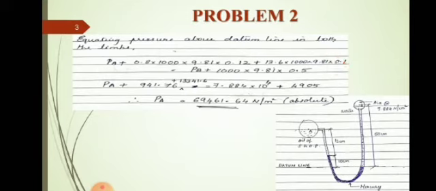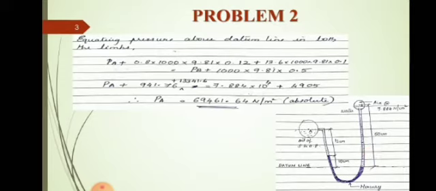Okay, so that is all about the pressure in the left limb. Now coming to the right limb, above the datum line, what all things are there? Here you have a pressure of air PB. It is given as 7.844 Newton per centimeter square, and below that you have 50 centimeter height of water. So the pressure exerted by this 50 centimeter height of water is also there.